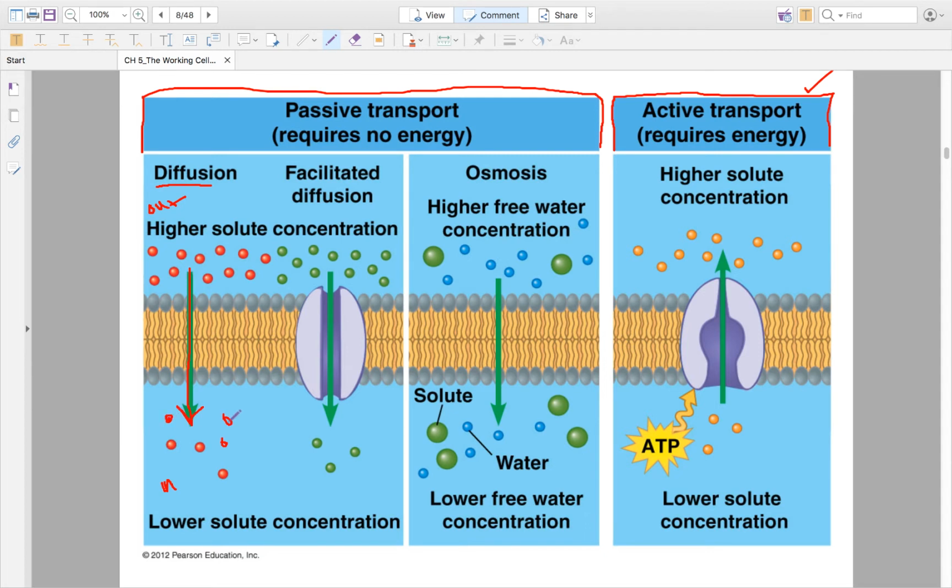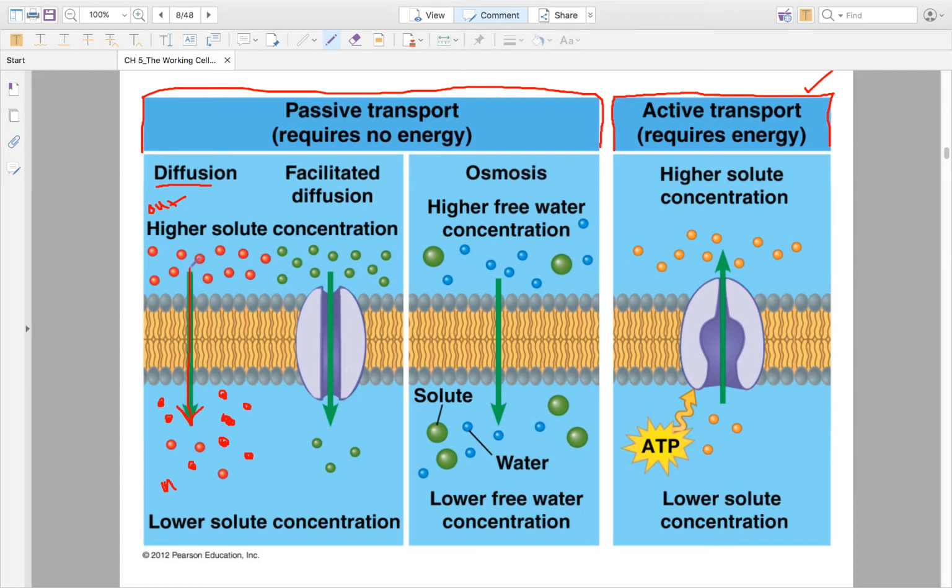I know this isn't perfect, but just imagine that these are solutes, until they're equal on both sides: 1, 2, 3, 4, 5, 6, 7, 8, 9, 10, 11.